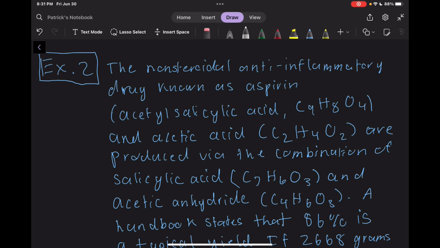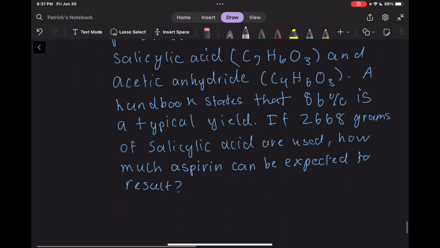Example 2 tells us that the non-steroidal anti-inflammatory drug, known as aspirin, and acetic acid are produced via the combination of salicylic acid and acetic anhydride. A handbook states that 86% is a typical yield. If 2,668 grams of salicylic acid are used, how much aspirin can be expected to result?